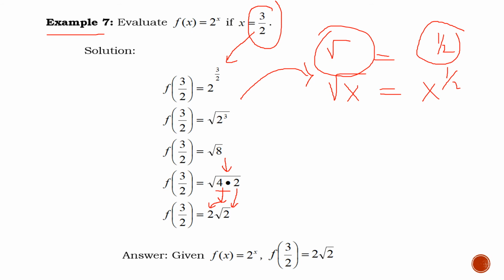If we're asked to compute, then we use a calculator to get the value of this 2 square root of 2, which is a number with decimals. Now, your function f of 3 over 2 is equal to 2 square root of 2. This will be your final answer for this example number 7.